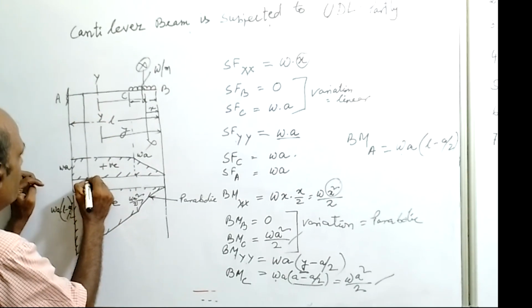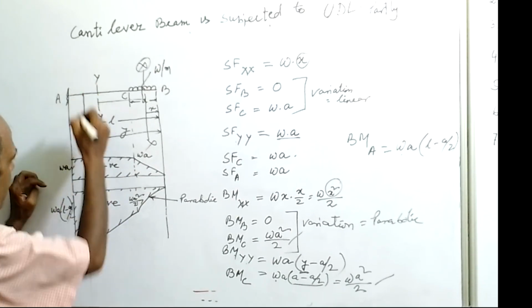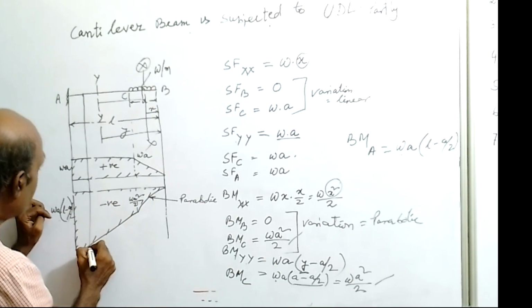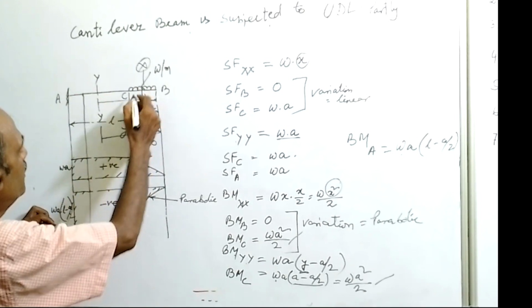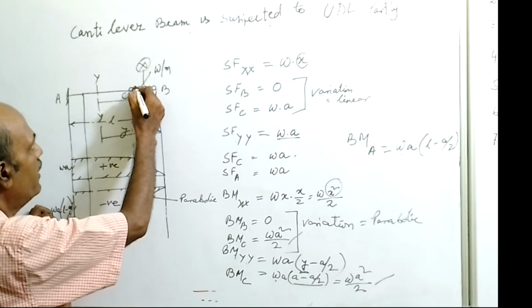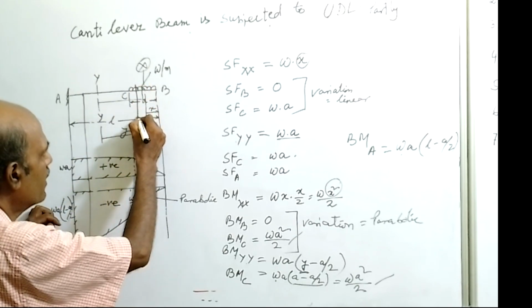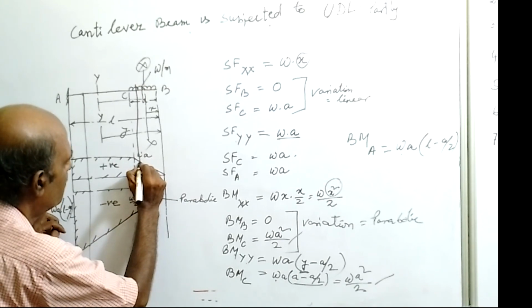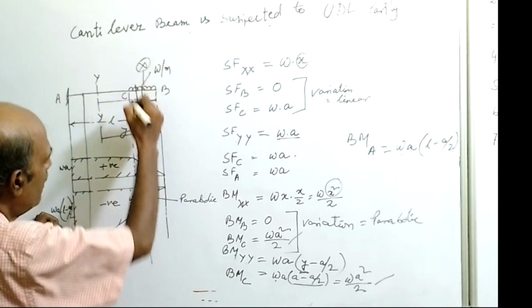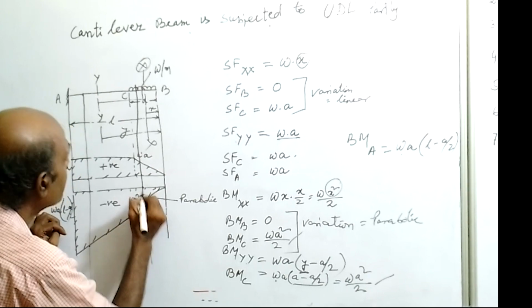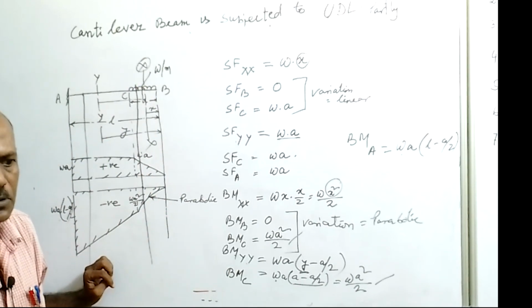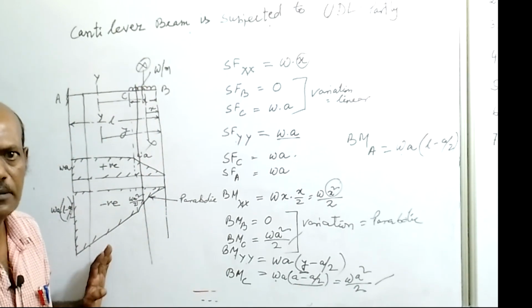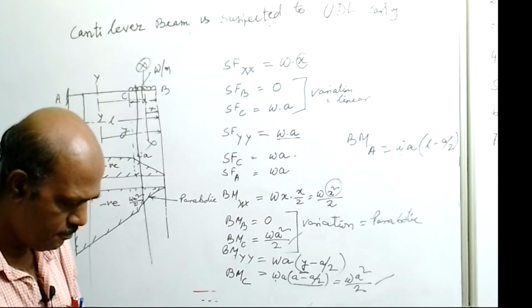This will be the shear force developed at this point, and this will be the bending moment developed at this point. If we want to find the shear force or bending moment at this point, draw a vertical line from the load diagram. This will be the shear force acting at this point, and this will be the bending moment acting at this point. So this is the usefulness of this diagram.